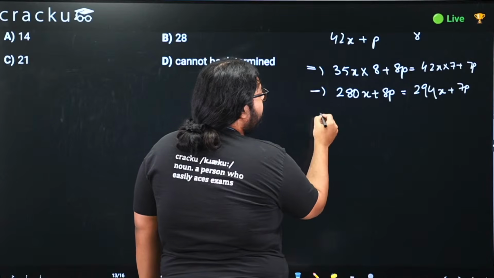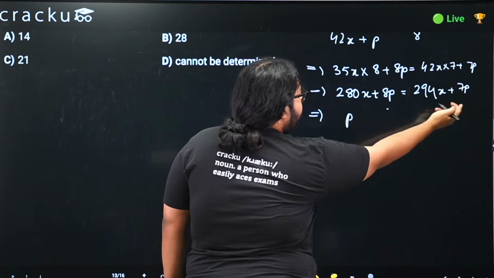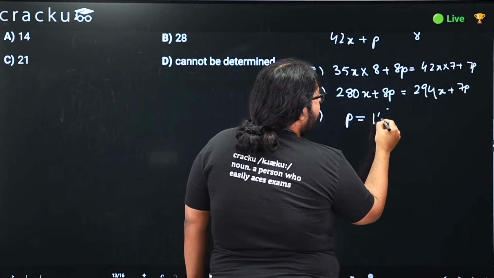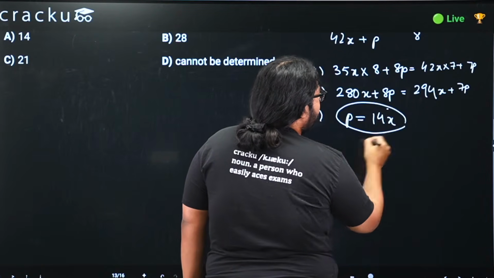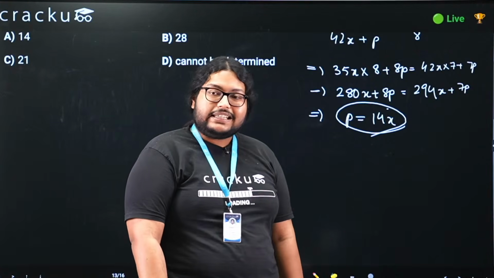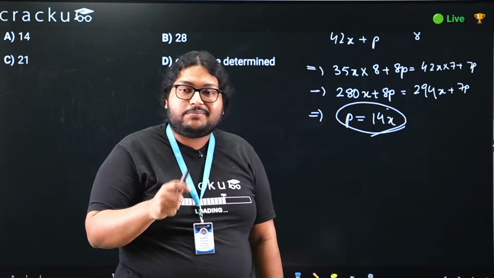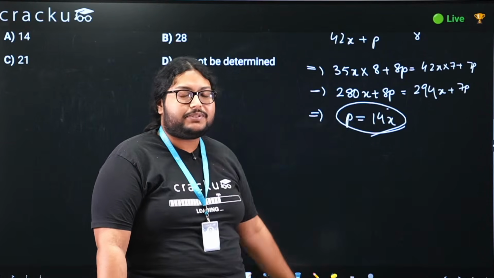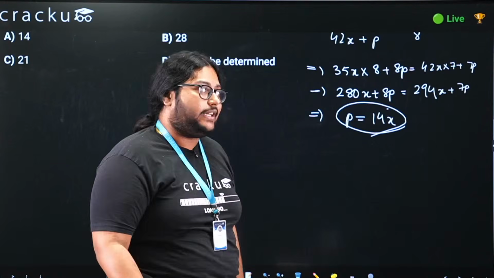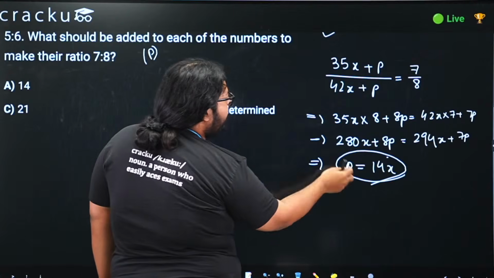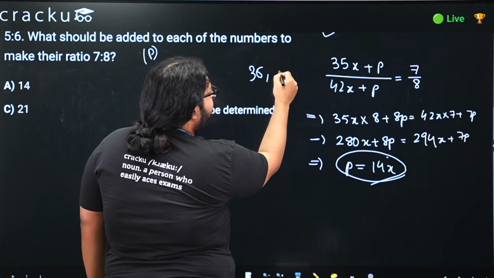This gives me 8p minus 7p, which is p is equal to 294 minus 280, which is 14x. What does this tell us? This tells us that there can be multiple values of x possible, and so there can be multiple values of p possible as well. I think some of you selected 14 because you thought, okay, the numbers are 35 and 42.